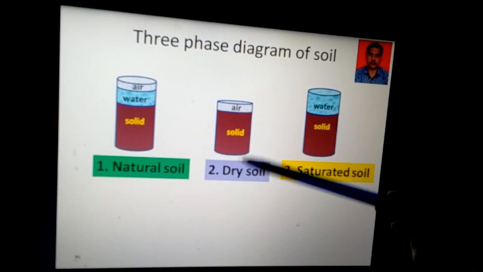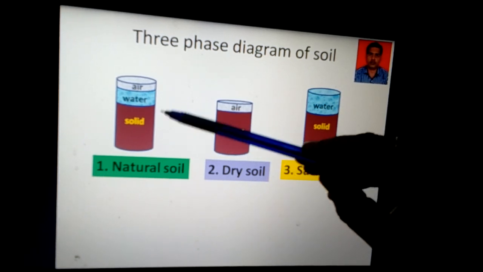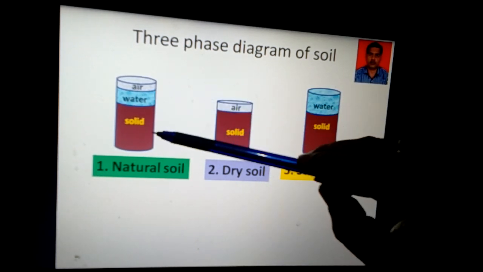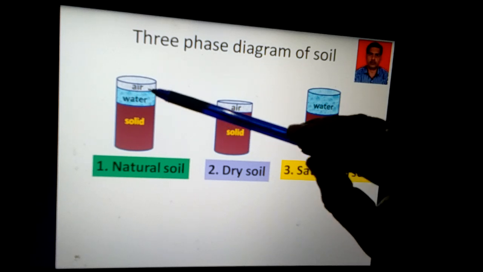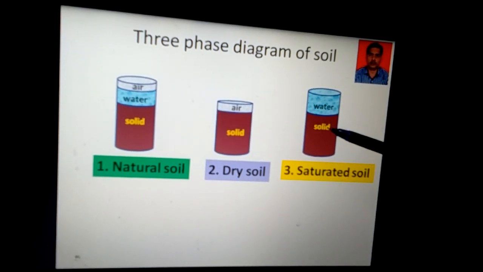So this is known as the dry soil phase. But if the same soil is subjected to rainy season conditions, then all the voids are filled with water only, and it becomes a solid and water phase where there is no air. So this is known as the saturated soil phase.